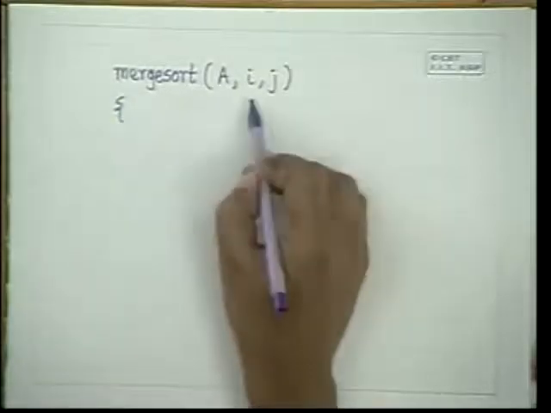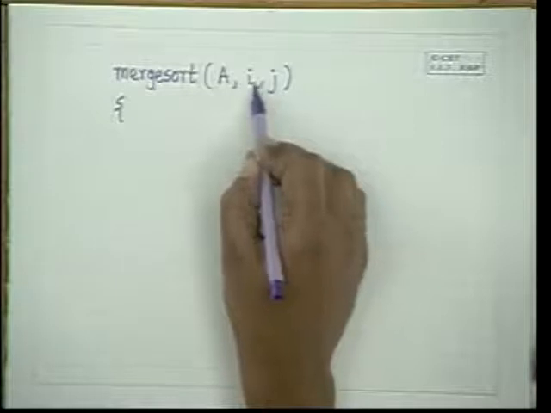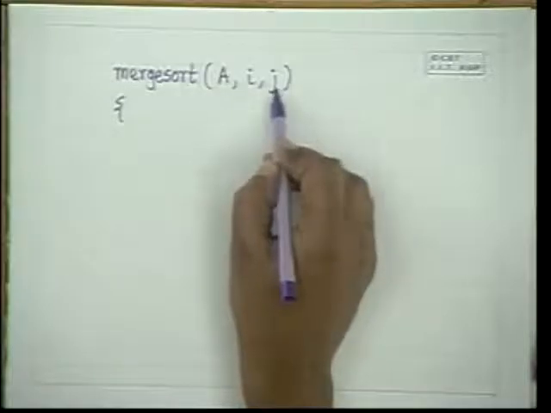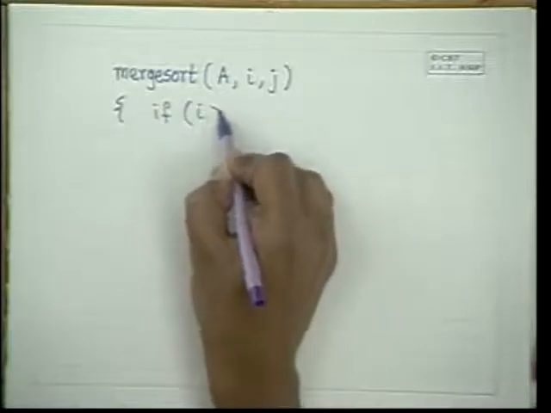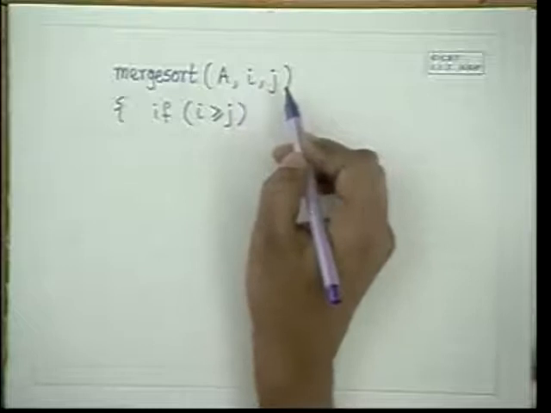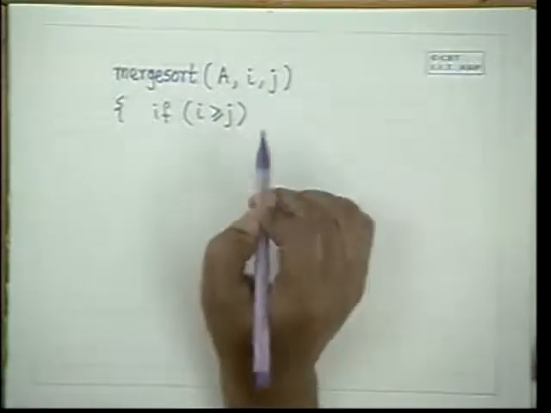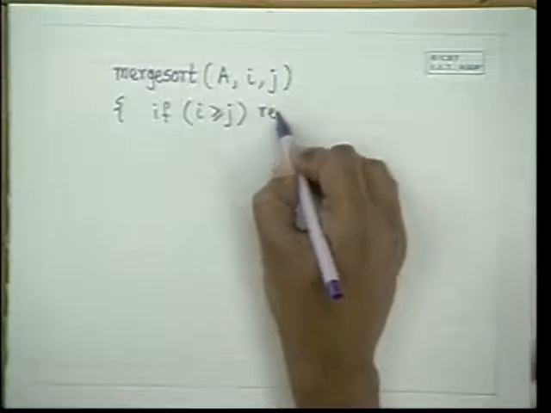Now what is the base condition? When there is only a single element. So when i is equal to j, we get the base condition. So if i is greater than or equal to j, you are supposed to return that element. Now that element already exists in the array, so we need not return anything. We just simply write return.